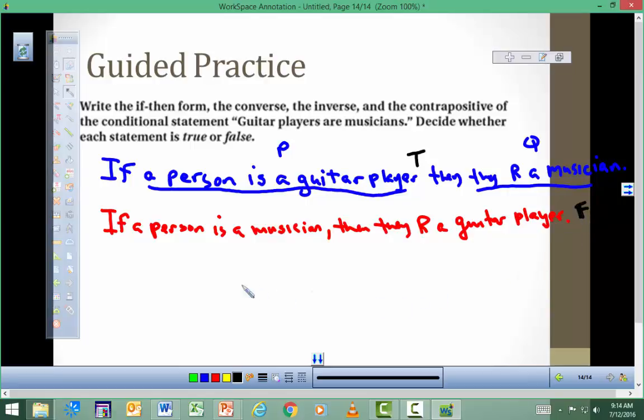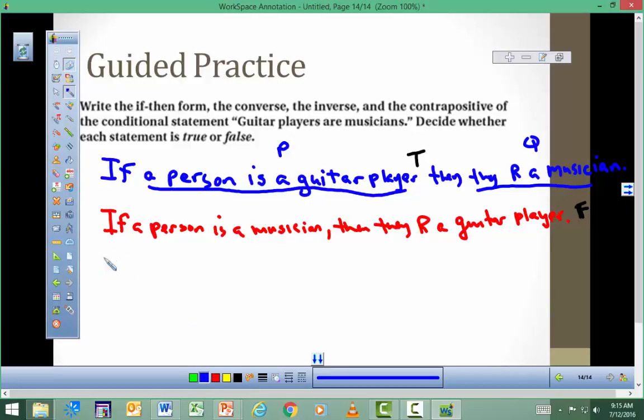Okay. Well, now we'll do the same process just with the inverse instead. So the inverse, what we need to do is negate both of these statements here. So all we need to do is add the word not, basically, and we can get the inverse.